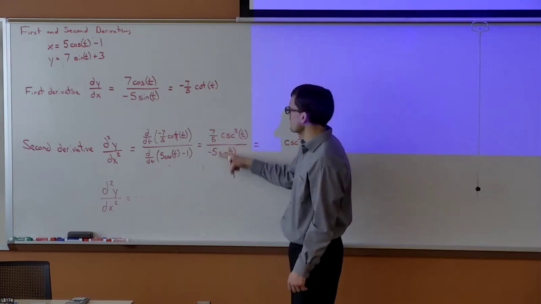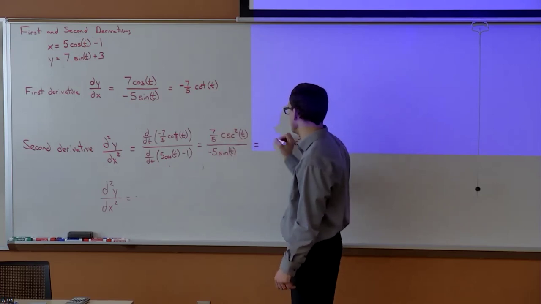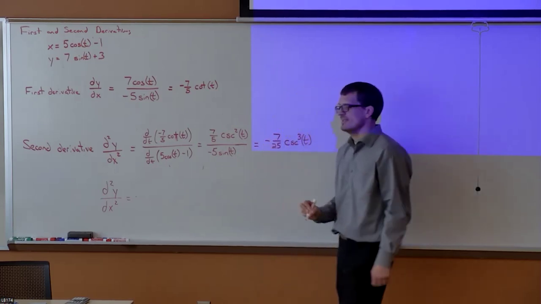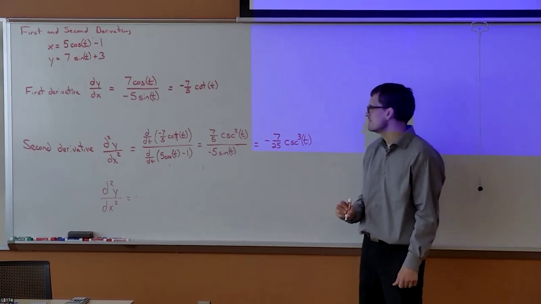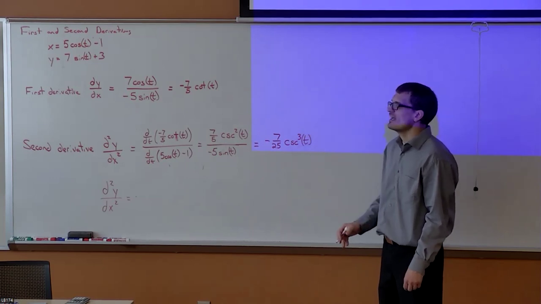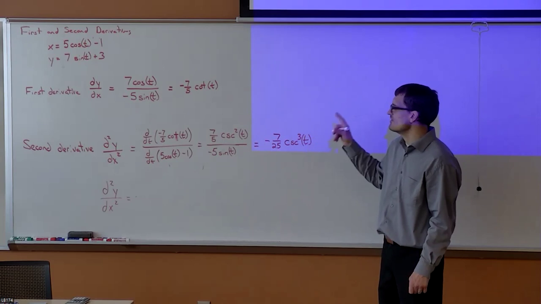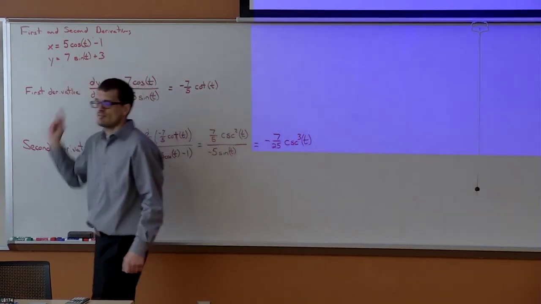And then the coefficient, 7/5 divided by negative 5, is going to be 7 divided by 25, and the negative of that. So now we see nice ways to find first derivatives and second derivatives with ellipses.